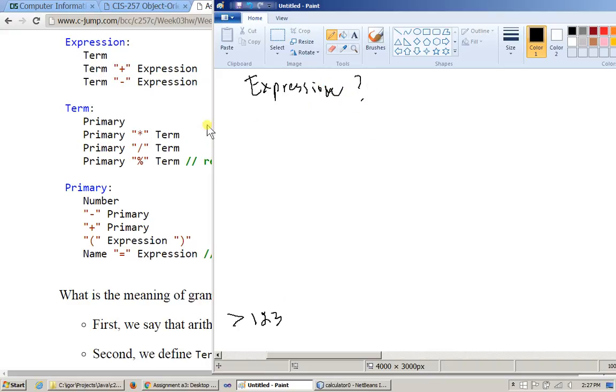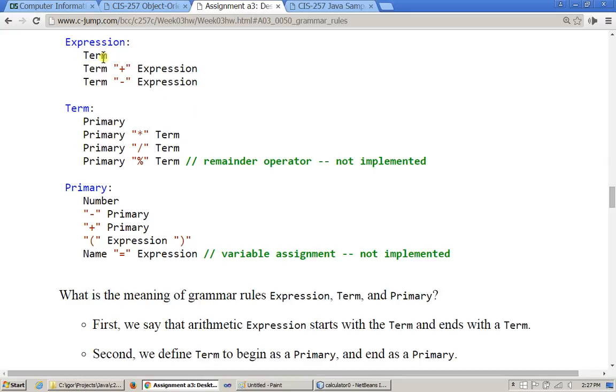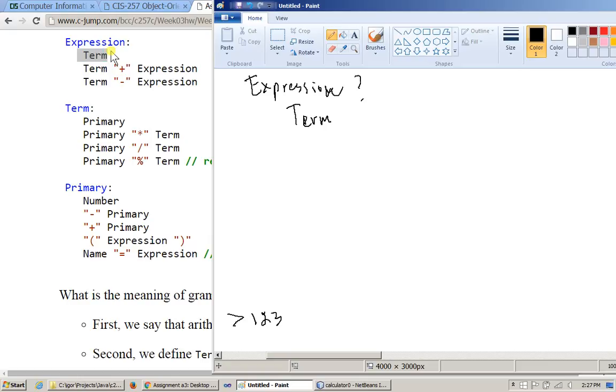The set of grammar rules says that it can be a term, because the first thing that happens in this set of rules is that it can be a term. In some textbooks, the term can also be called a factor, which is the result of multiplication or division. So that's the second typical name for the term.